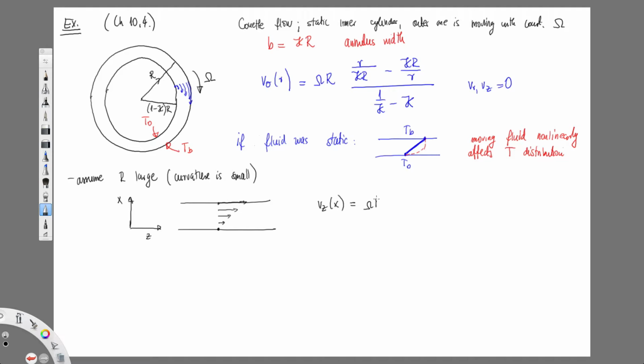And it's going to be omega R x divided by b, where b is the thickness of the slit. So indeed, where x is 0, that's my inner cylinder, it's going to be 0. And where x is b, I'm going to have omega R, and that's my linear velocity at the outer cylinder. So, linearized velocity profile.